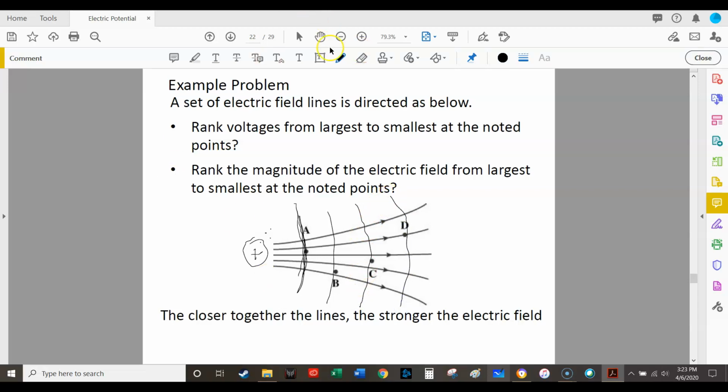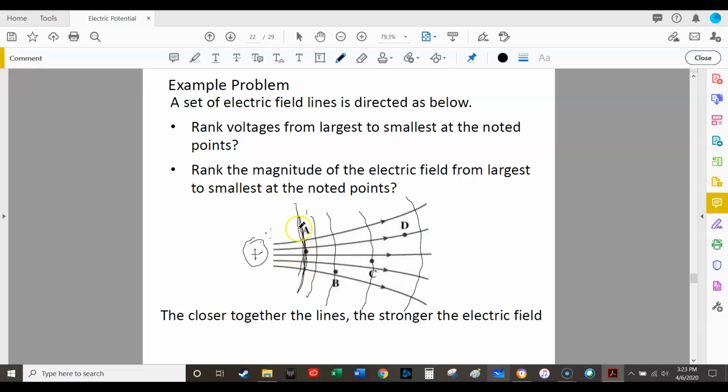Notice the electric field lines are getting further apart. That means the voltage lines have to be getting further apart, and then they're getting much further apart.